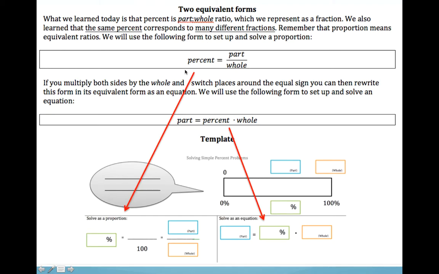We will use the idea that percent equals part over whole to solve our percent problem as a proportion. To set up the proportion, we start from the percent, for example 50%, equals 50 over 100, which is equal, in our case, to 9 over 18.